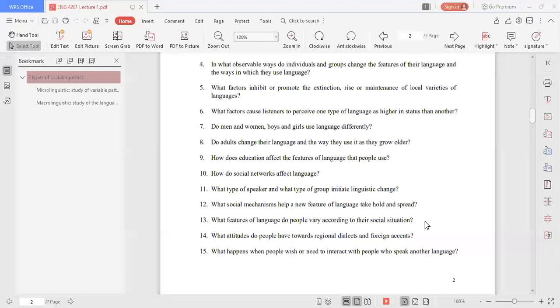Do you get it? Yes, sir. And you will see that the way we talk in a gathering organized by one of our friends to celebrate his achievements will not be the same as when we are in a funeral session.